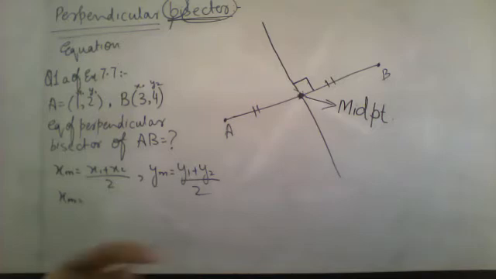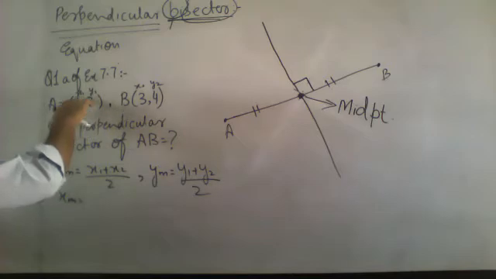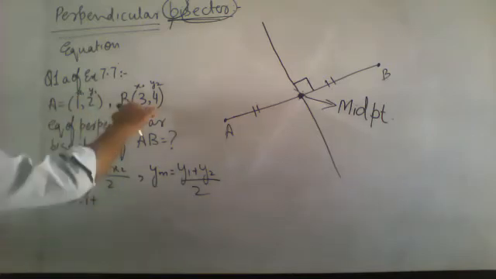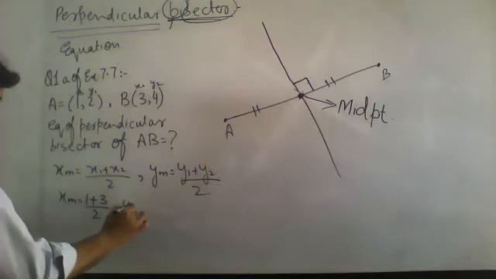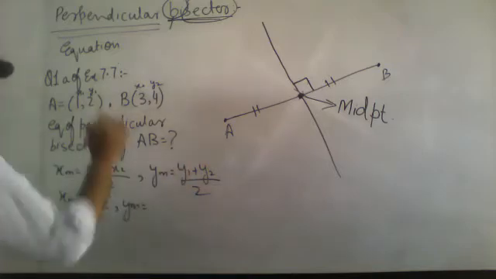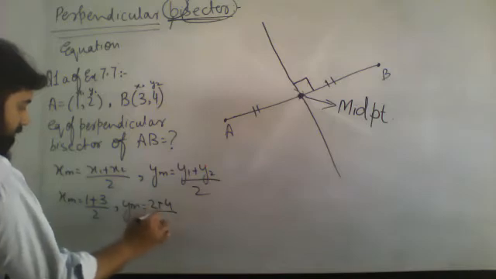So xm equals x1 that is 1, plus x2 that is 3, over 2; ym equals y1 that is 2, plus y2 that is 4, over 2.